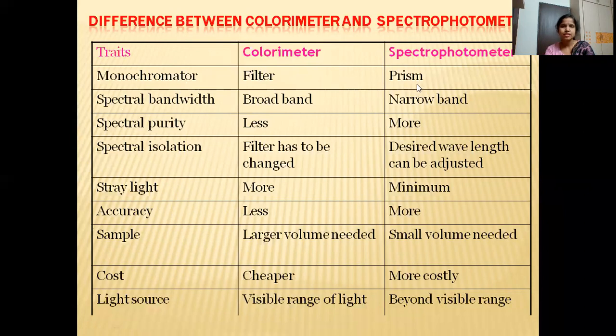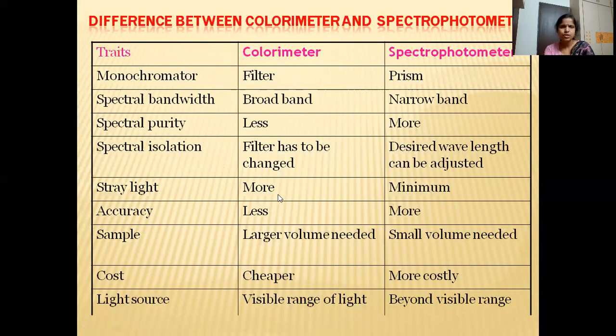That is why very accurate results are obtained from the spectrophotometer. Spectral bandwidth is broad in the colorimeter and narrow in the spectrophotometer. Spectral purity is less in the colorimeter, more in the spectrophotometer. For spectral isolation, the filter has to be changed in the colorimeter, whereas in the spectrophotometer you can just adjust the wavelength.